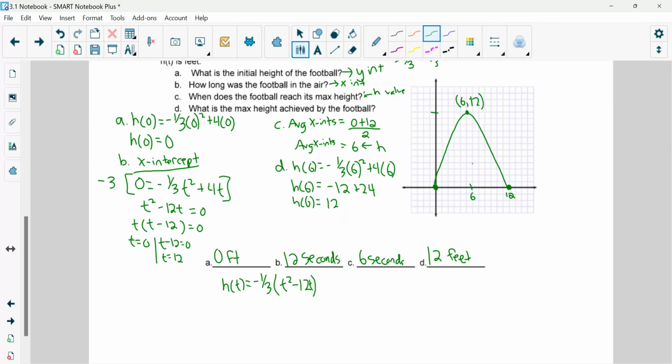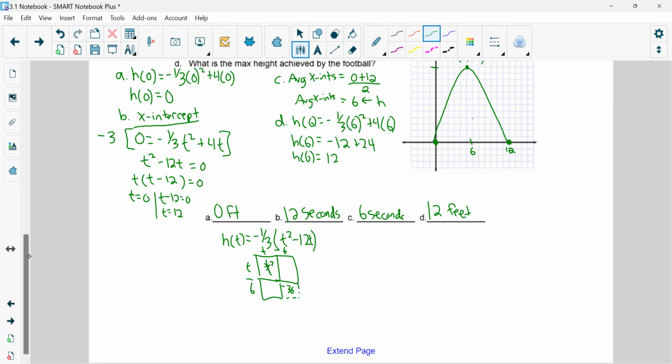And then I would have to do my squares. So this would be t squared, which is t and t, minus 6, minus 6. So we'd be missing 36. So I would have the negative 1/3 in front, and it would become t minus 6 quantity squared minus 36, and we didn't have any extras in there.